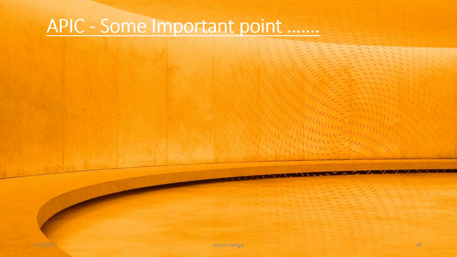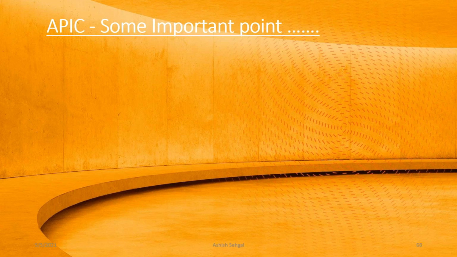So you mean that the ACI image which we are using is different, is it? Absolutely. The controller has a different image, the spine switches have a different image, and the leaf switches have their own different images. Okay, so in the ACI image itself, the leaf switches have a different image and the controller has a different image.